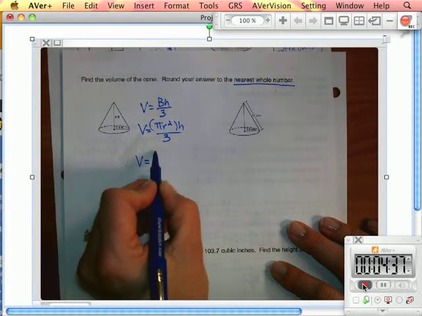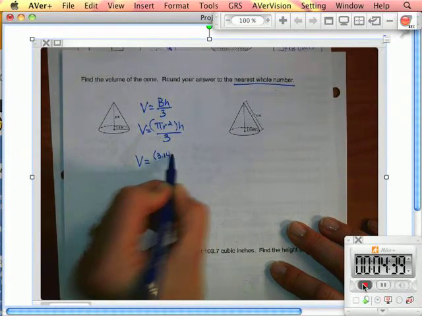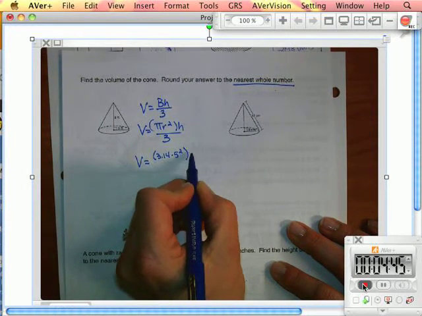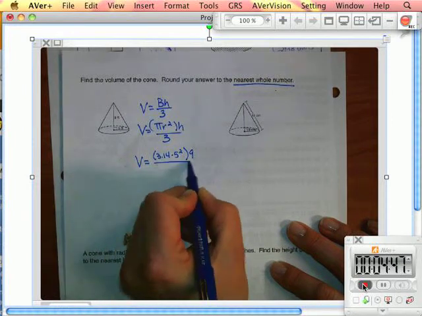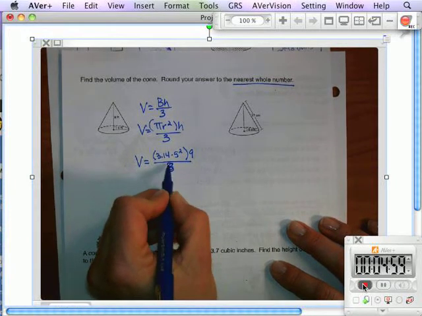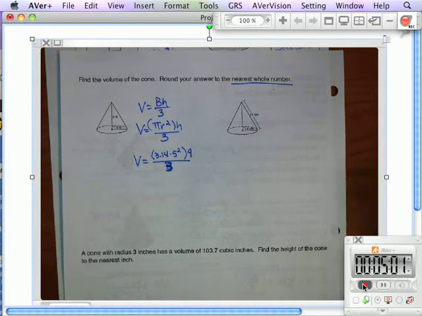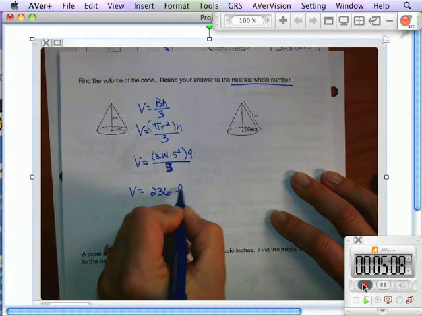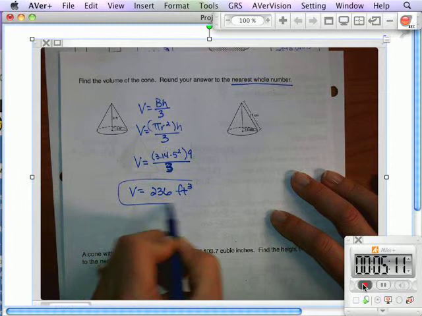Volume equals 3.14 times my radius squared times my height, which is 9, divided by 5. Just seeing if you were paying attention. When you do the math, you get 236 feet cubed, because I had to round up. So it's actually an approximate.